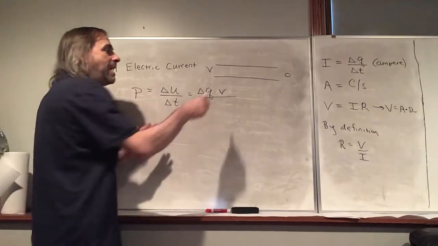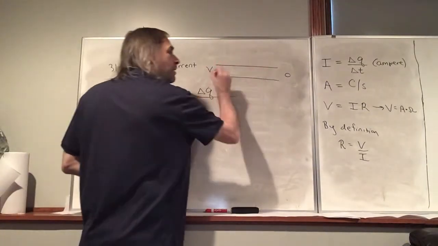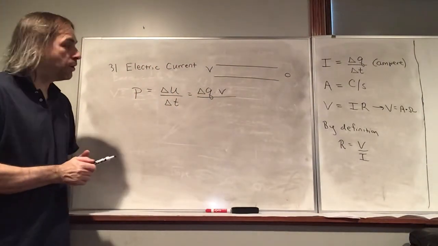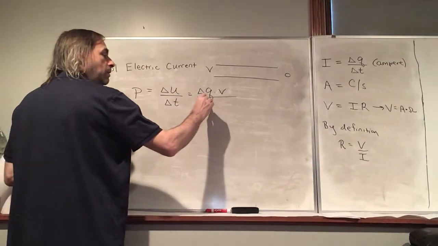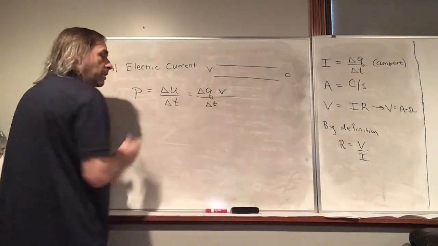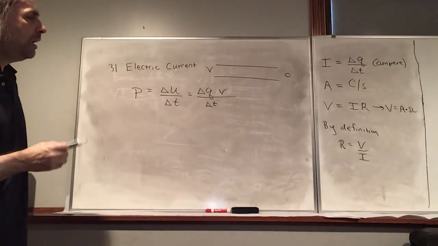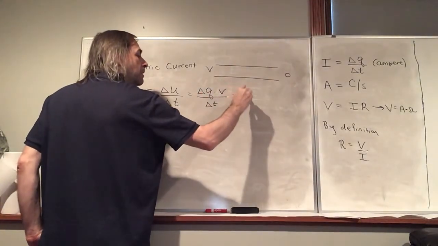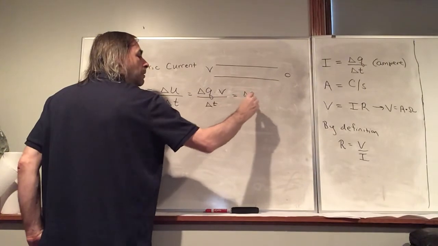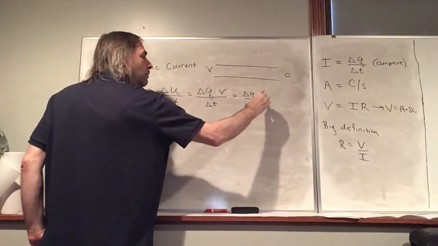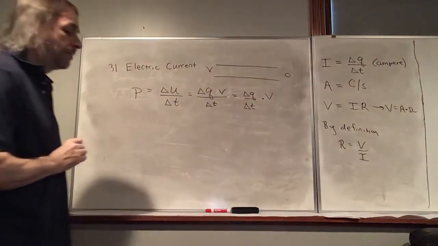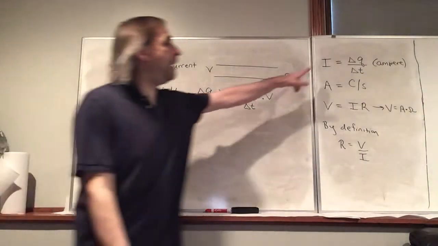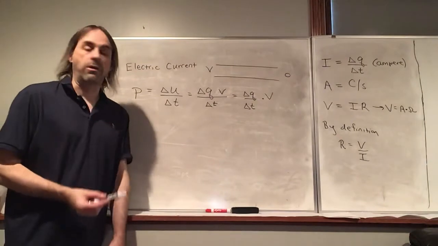Say in a time delta T, the total amount of charge that flows through this wire is delta Q, and then, because it's power, we divide by delta T, and we can break this up into pieces. This is delta Q over delta T times V. Now remember, delta Q over delta T is our definition of current.